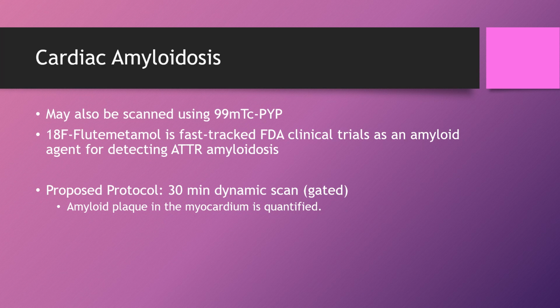And so it does show a lot of potential for cardiac amyloidosis as well. The proposed protocol for that one is a 30-minute dynamic gated scan, and amyloid plaque in the myocardium is then quantified.